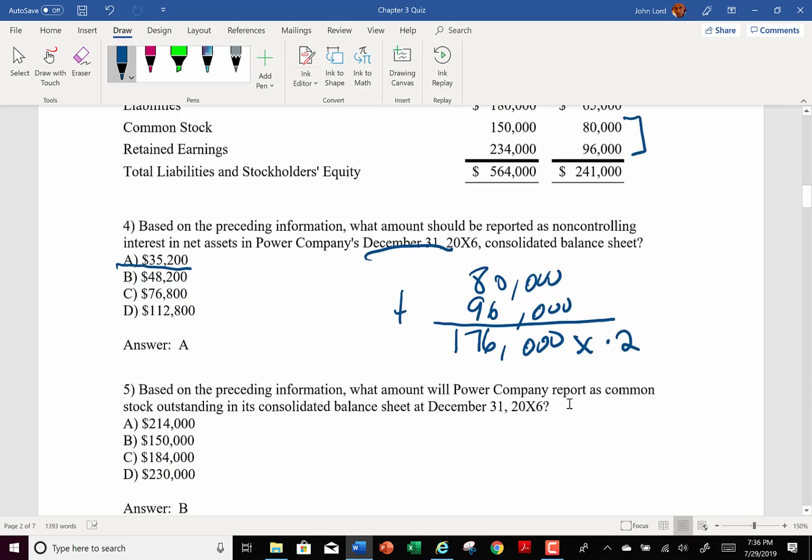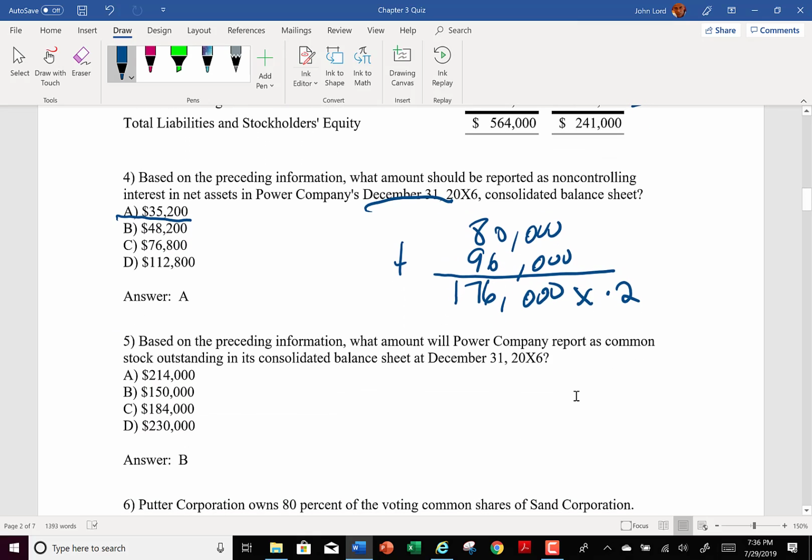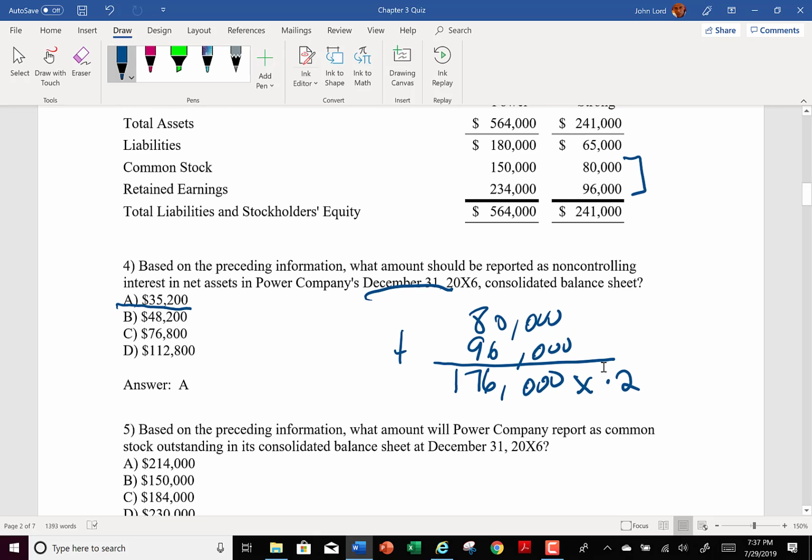Based on the preceding information, what will Power Company report as common stock outstanding on its balance sheet? I'm almost reluctant to give you a question like that on your exam. It's just 150, because there's no impact on the common stock of the parent, unless they issued stock for the purchase.